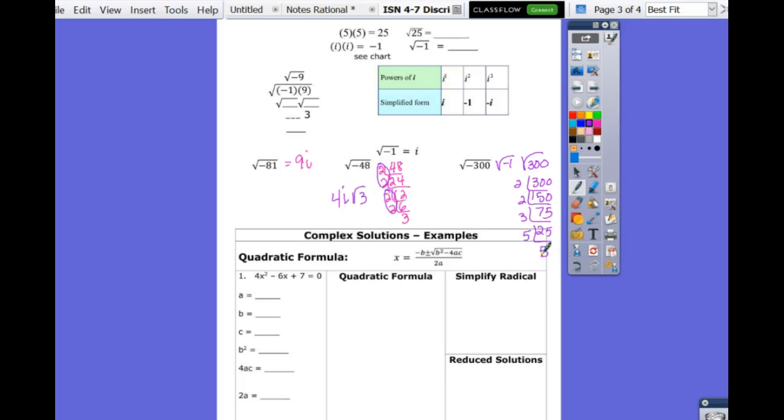When I do that, I get a pair of 2's and a pair of 5's. So 2 times 5 gives me 10, and the square root of negative 1 gives me i, and then I had the 3 left over, so that has to stay under the radical.